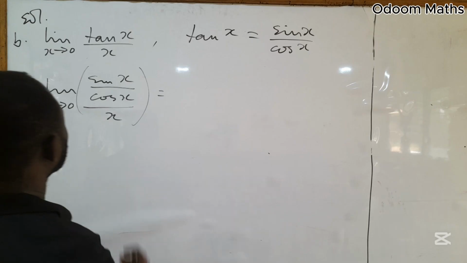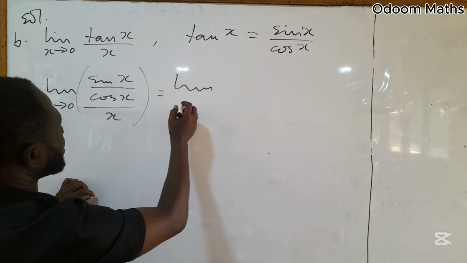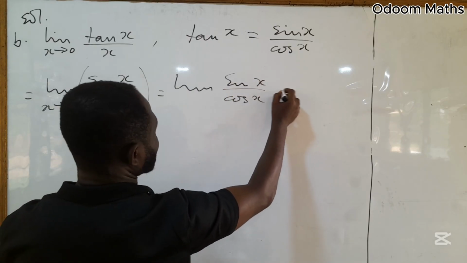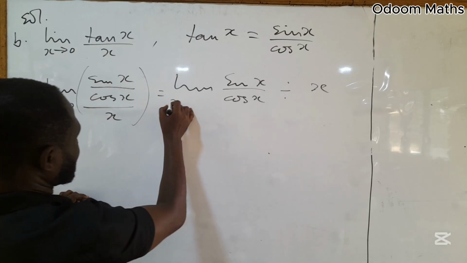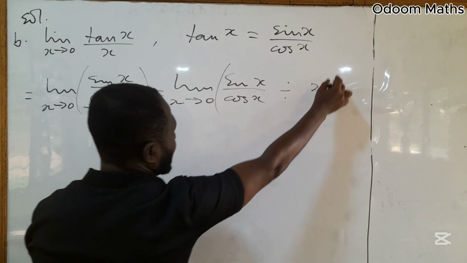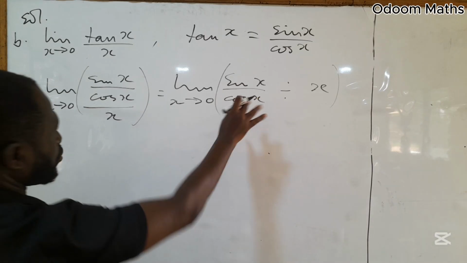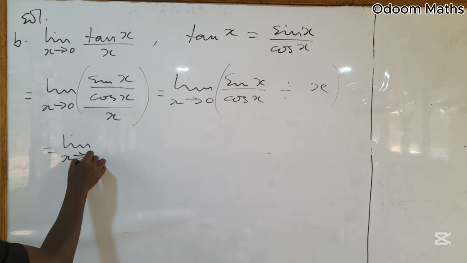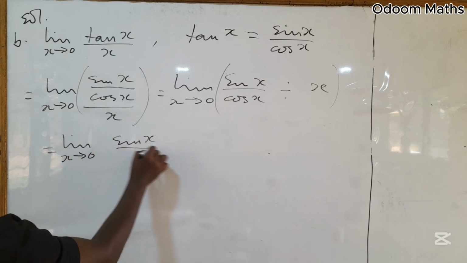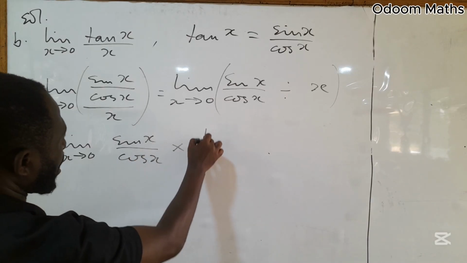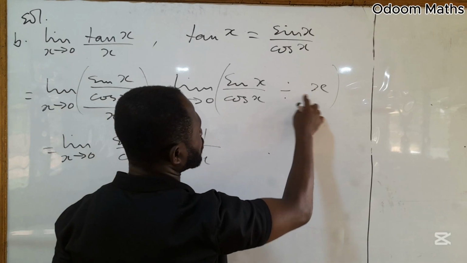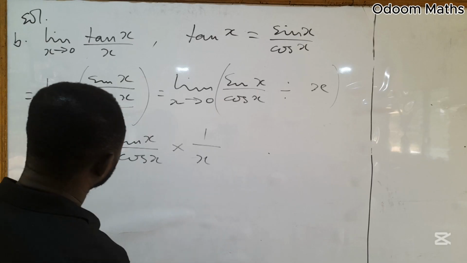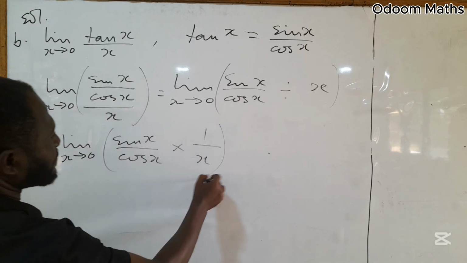Now I can rewrite this as the limit as x approaches 0 of sine x over cos x times 1 over x. So when you change this to multiplication, you turn this upside down to be 1 over x. That's what the rule says.